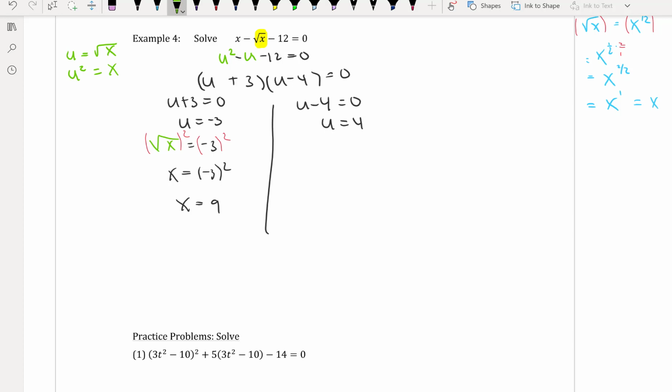And I am going to check it, but I want to solve for the other value as well. So that u value, I have my square root of x, and it's equal to +4. So now I'm going to square it, so x is equal to 4 squared, so x is equal to +16.